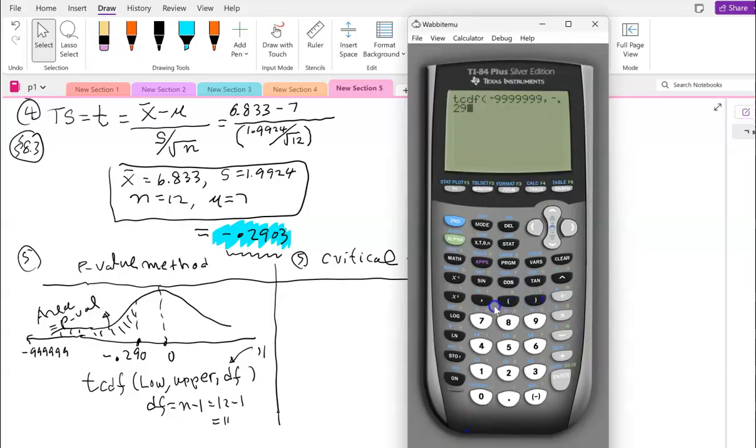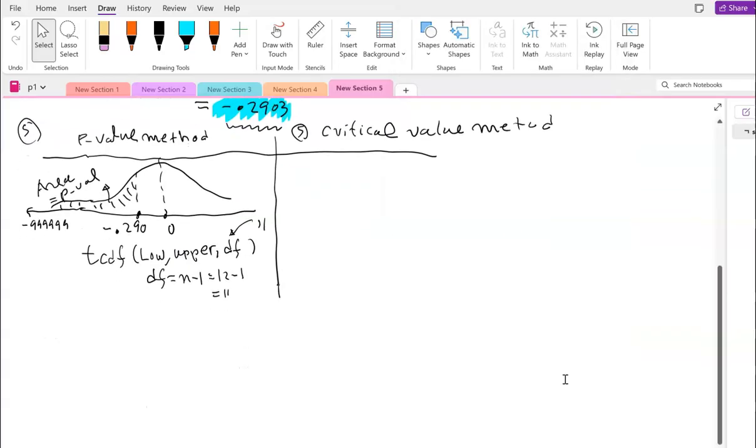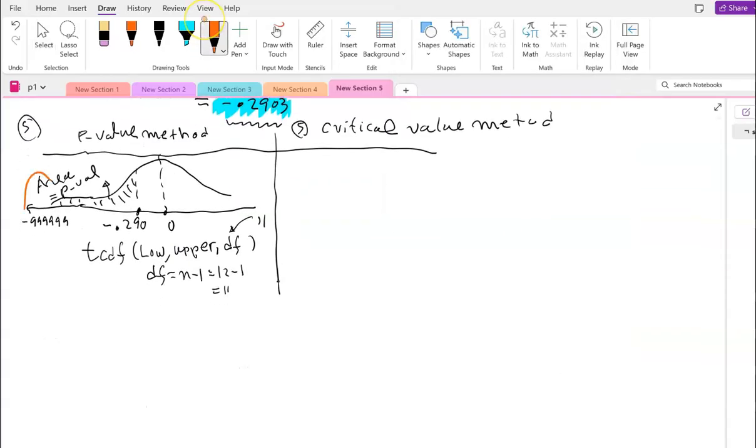Comma degrees of freedom, 11. When you hit enter, you get 0.3886. So this area is 0.3886. That is the p-value.